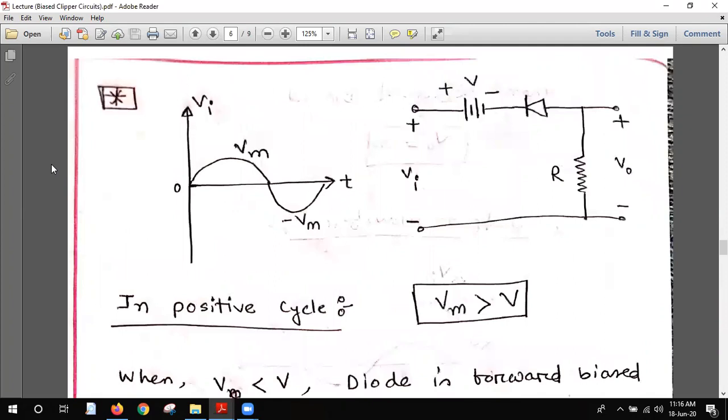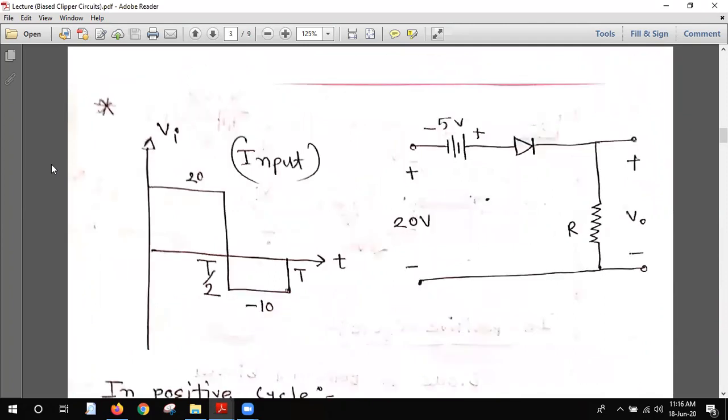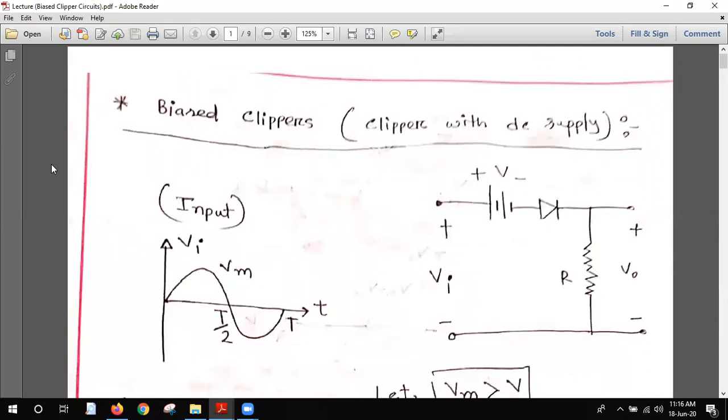I have probably solved 4 or 5 problems in this lecture on biased clippers, and this is the series clipper. So check this video lecture, the previous class lecture, and this slide or PDF to study. You also have your book in your hand, so you can study from your side.